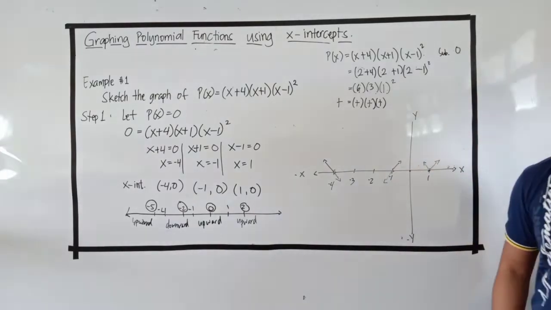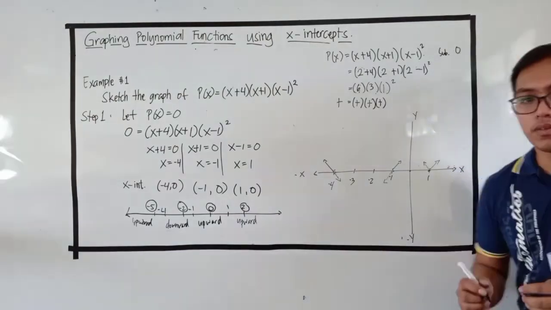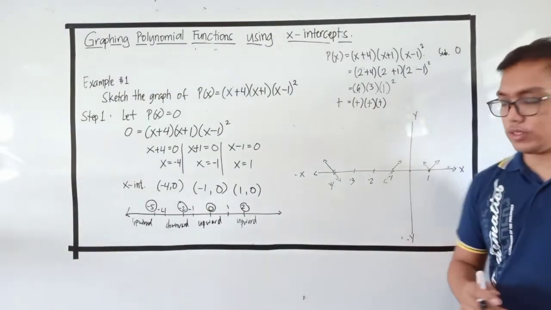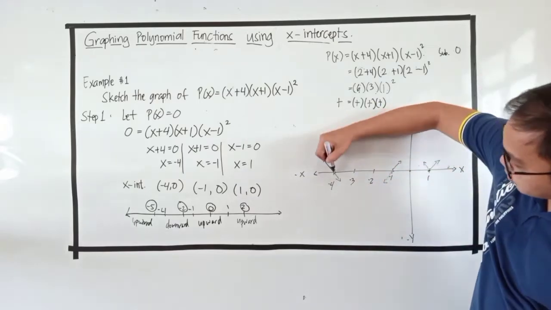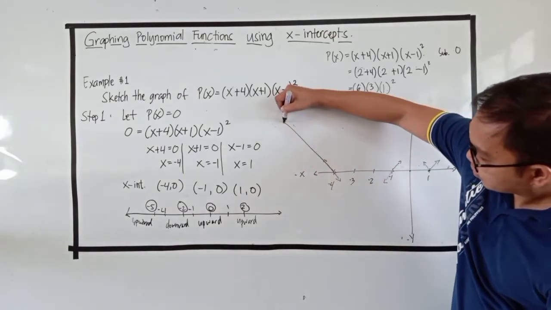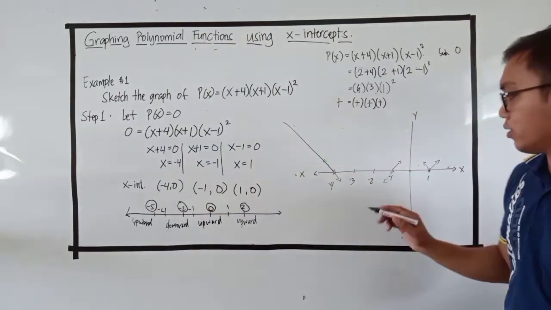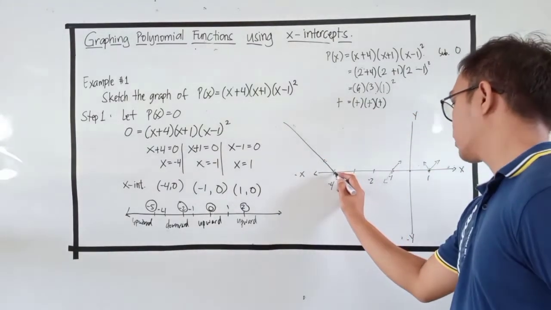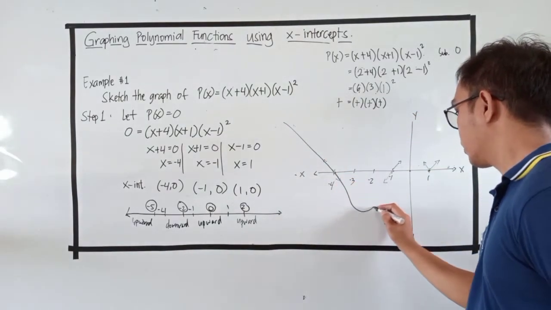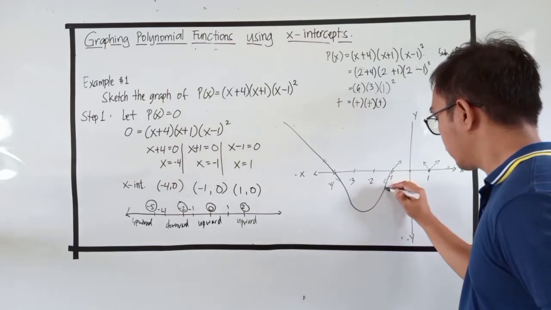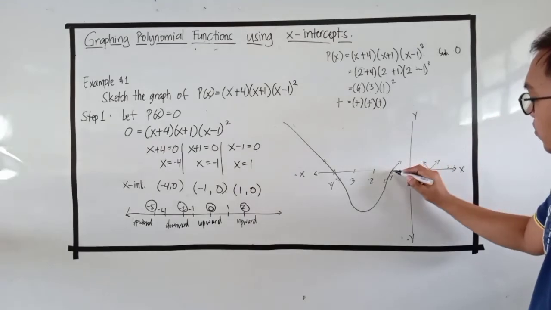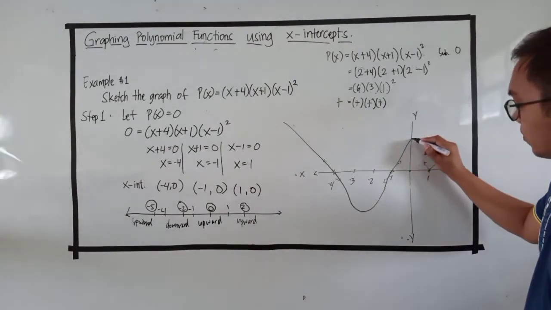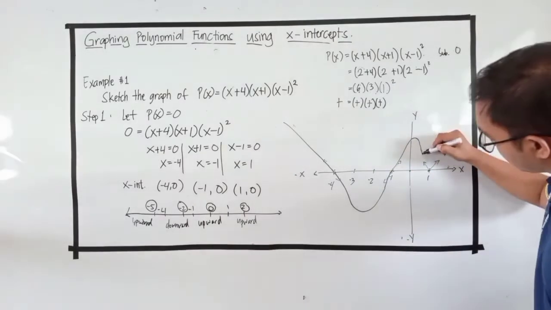Now, let's sketch this graph. We're going to put curves on it. Okay, so we have it here. Then, downward. Possibly going upward and at some point going downward here.